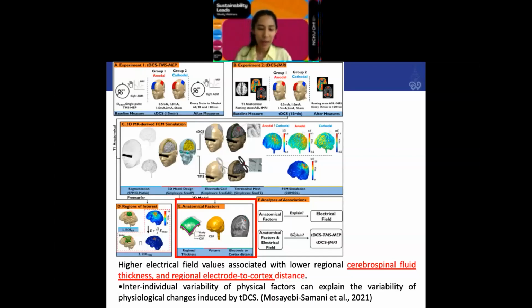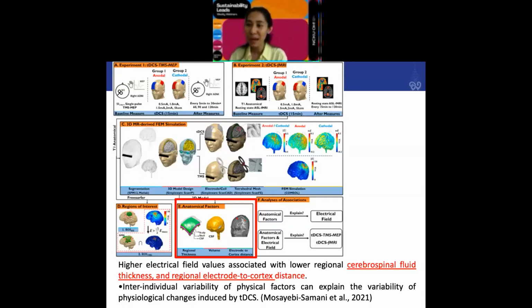And they found that anatomical factors, like the thickness of CSF, because you have a space between the skull and the brain that contains CSF, and also the electrode-to-cortex distance, are factors that influence the tDCS effect.